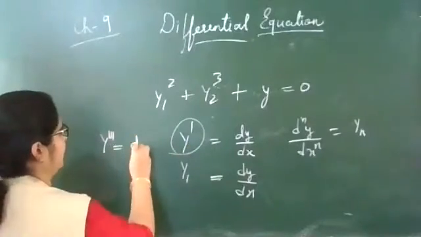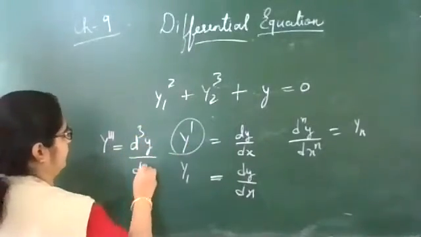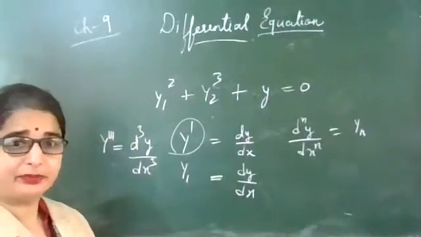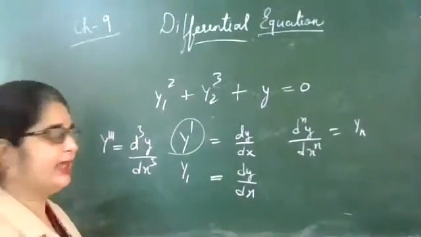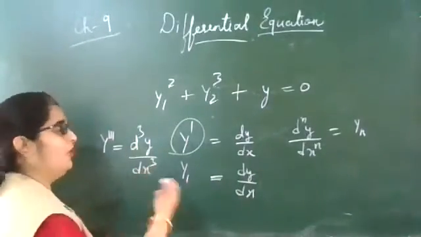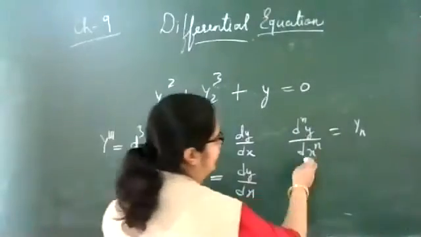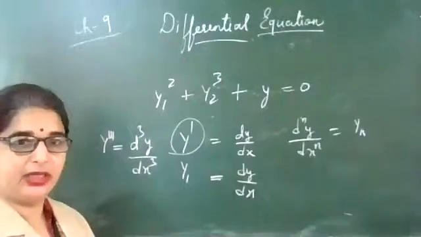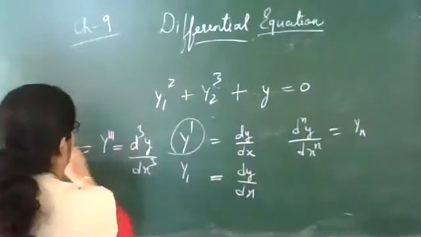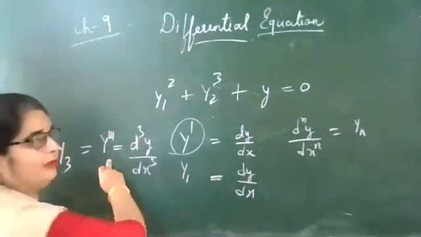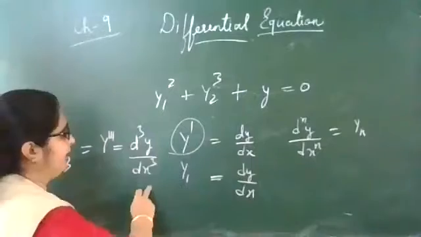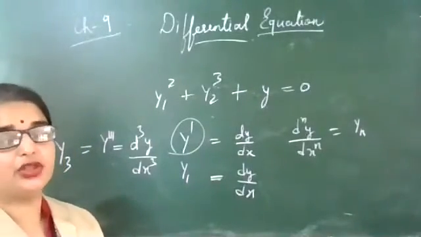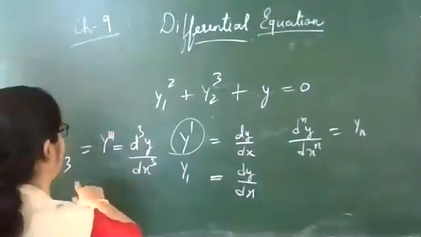Y triple dash means d cube y by dx cube. Some call it d3 y by dx3. Whatever the pronunciation is, the meaning is the same. So either you write y3, or y triple dash, or d cube y by dx cube. These are the same notations. You should know the meaning is the same.